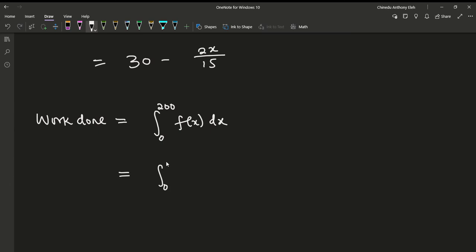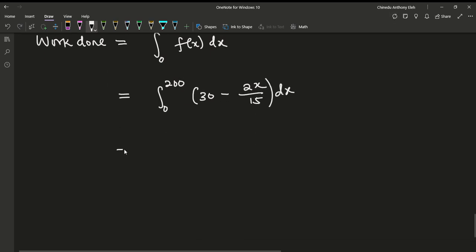And f of x dx is, we've seen, 30 minus 2x over 15 dx. So whatever is left is to integrate. So I have 30x, integral of this minus this will have x squared divided by 2. So we'll cancel this 2. So I have x squared by 15. Then we evaluate from 0 to 200.